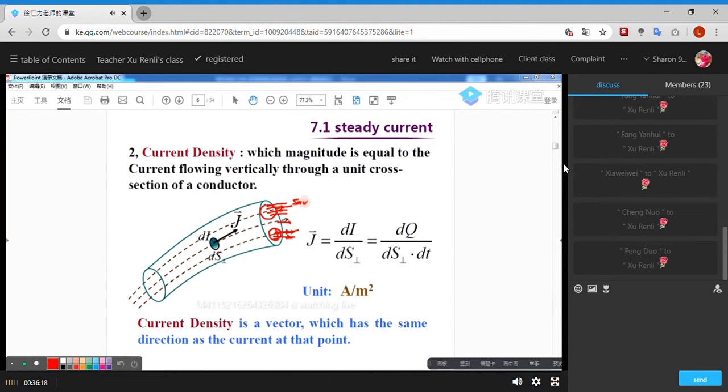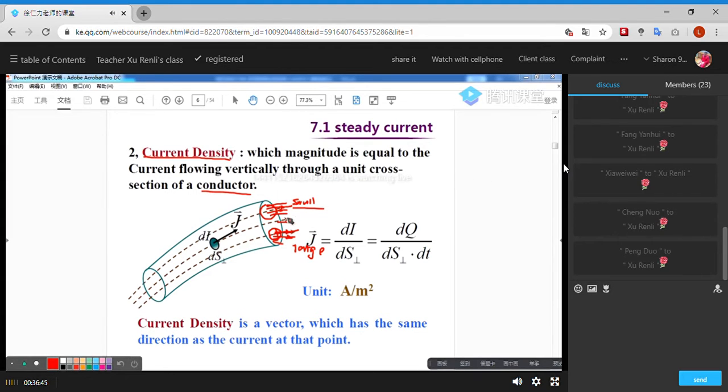So it's non-uniform. If the conductor is non-uniform, we need current density to show the property of this conductor.